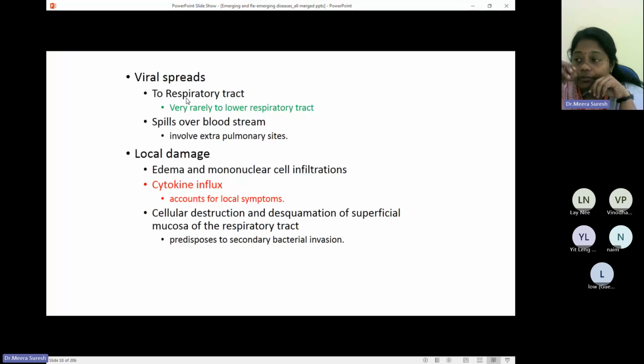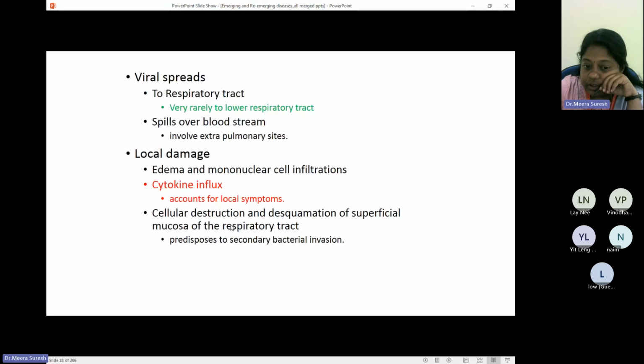But if we are not controlling it, or the body is not able to control it, if it is going excessively, it can result in local system damage, or that local area damage, which can result in multi organ failure. So that was happening to the extreme in case of coronavirus. But this cytokine influx is also happening in case of influenza virus, and this is due to the excessive acute inflammation that is happening.